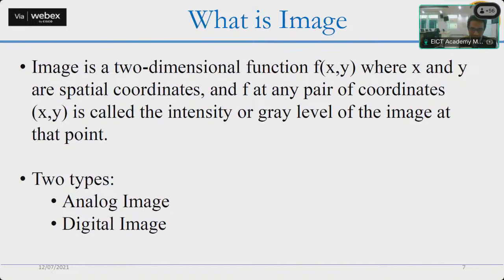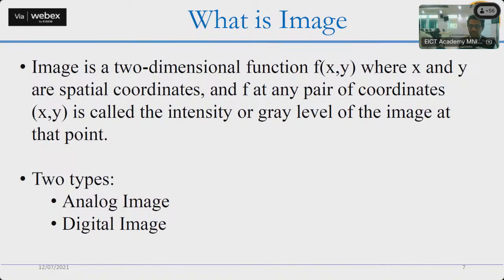Somebody may ask, what will happen to color? When you talk about color, it doesn't remain two-dimensional. It becomes three-dimensional, even multi-dimensional. For example, the RGB levels: red, blue, green.